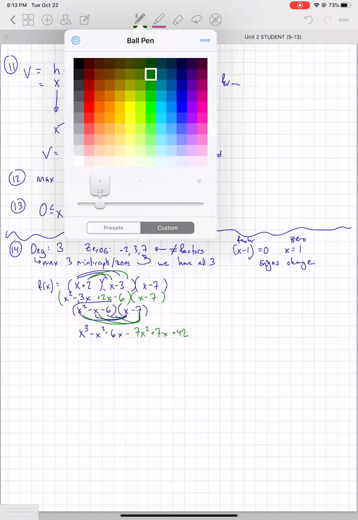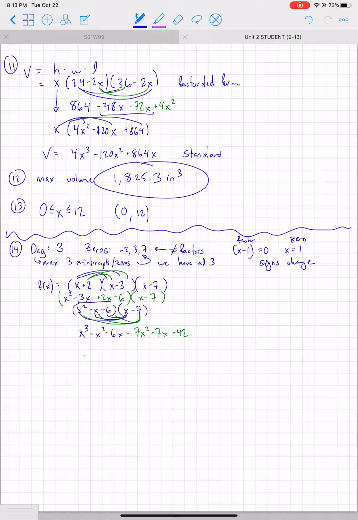So now when we combine like terms, we have x cubed by itself, but then we have these two terms that are both x squared. So we have -1 plus -7, so -8. And then we have -6x plus 7x, which is just positive 1. So you can either keep the 1 there or not. And then lastly, the 42 by itself.